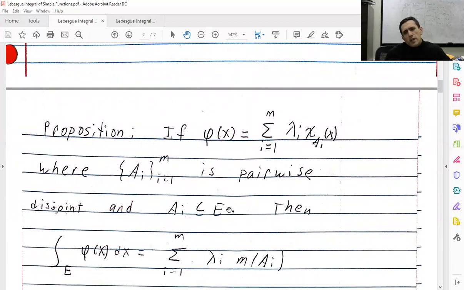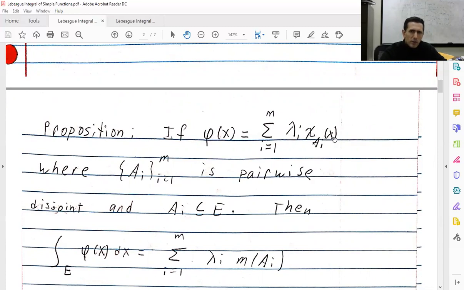Why do I say you would expect it to be this? Well, you expect the integral to be linear. So you expect the integral of a sum to be the sum of its integrals, and you expect to be able to pull out constants. So if that's true, I integrate the sum. That's the same thing as summing up the integrals. I pull out the lambda i's.